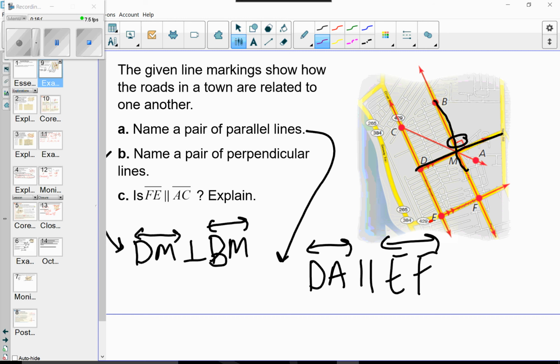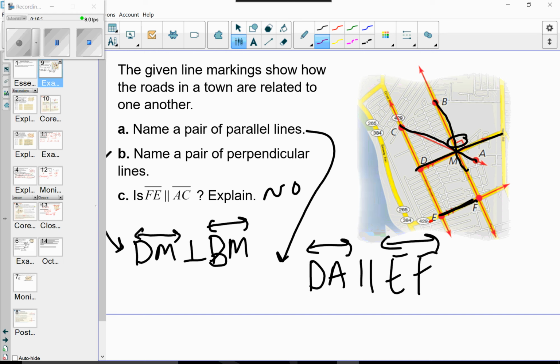And then finally, is FE parallel to AC? So they want to know, is FE parallel to AC? Well, this answer is no. So no, they're not parallel. And there's no way they could be parallel because remember from the postulate that we just talked about, the parallel postulate says there's exactly one line through a point that is parallel.